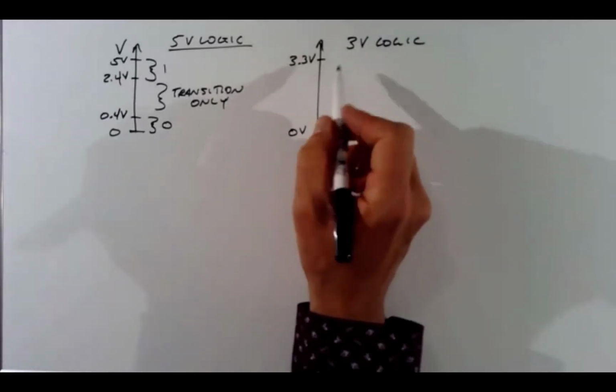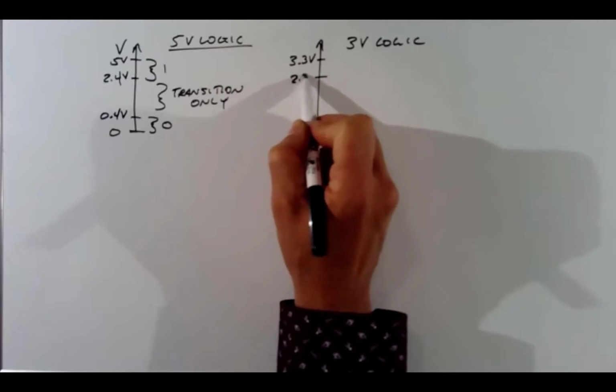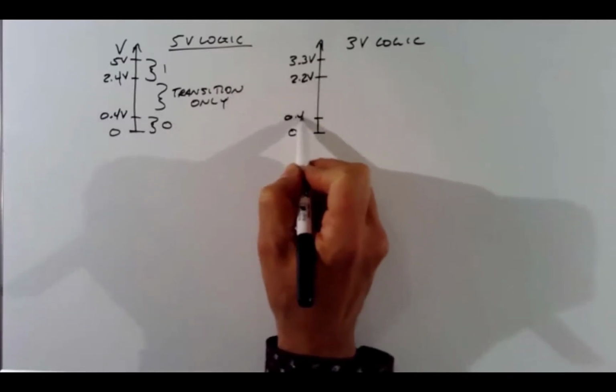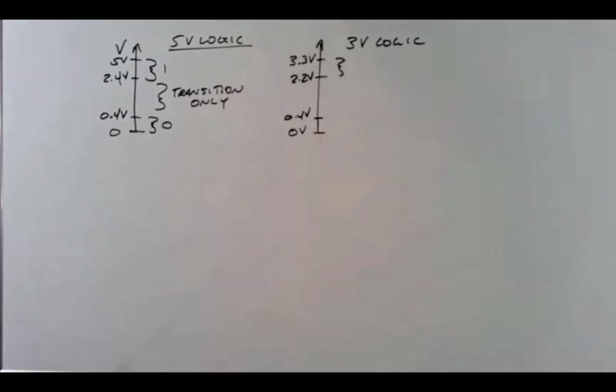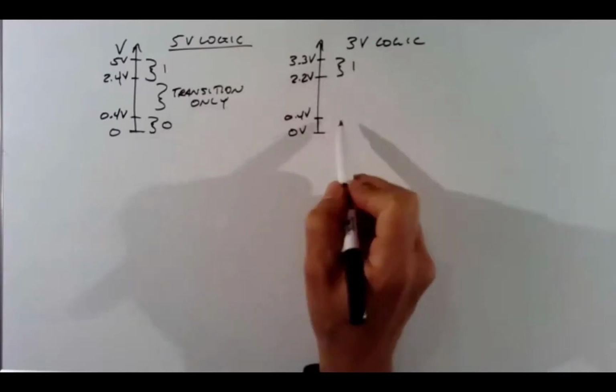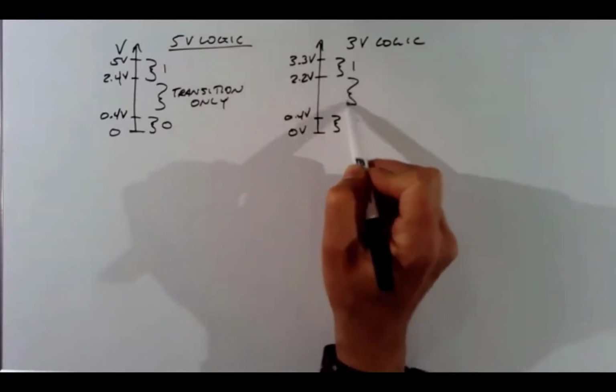And I've seen values like 2.2 volts and 0.4 volts here. And so again, you look at the data sheet and it'll explain what a high value range is, this would be a 1, and what a low value range of voltage is, that would be a 0. And then again, this is transition only.